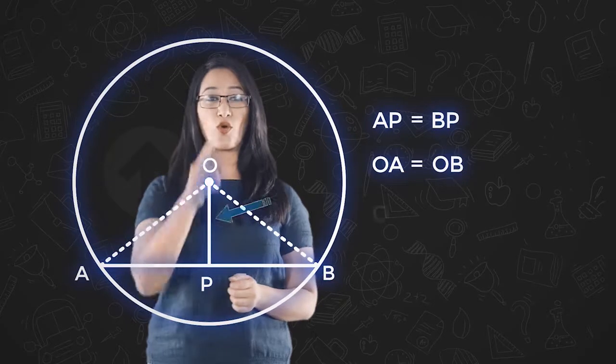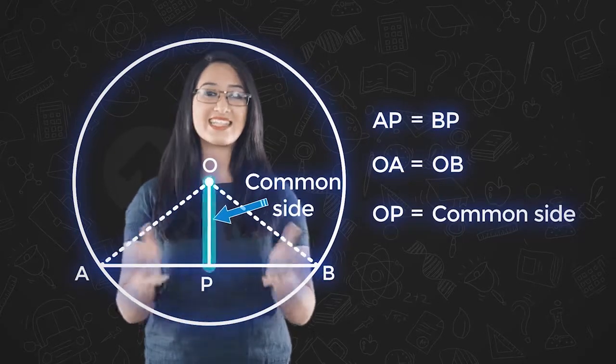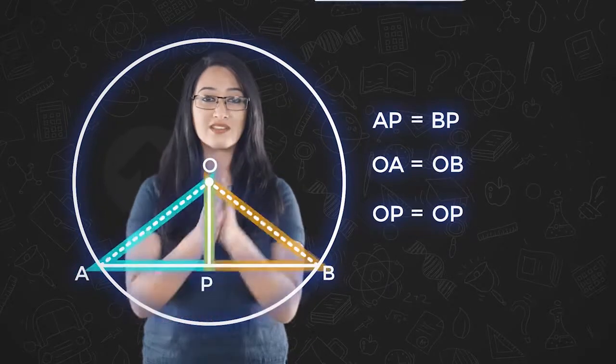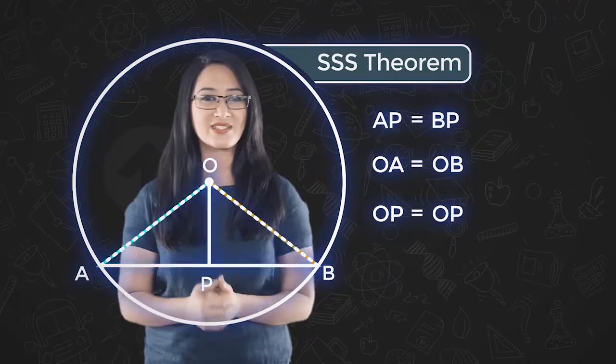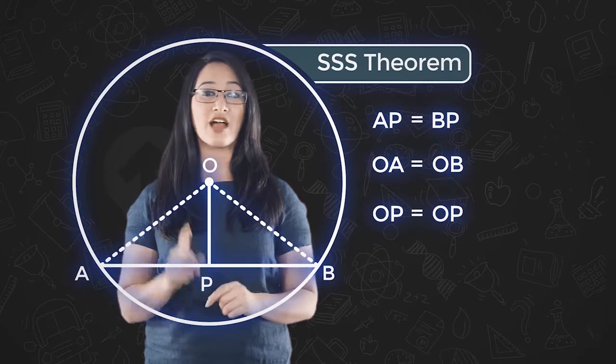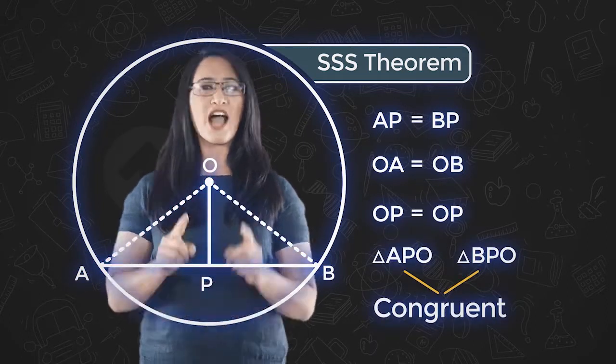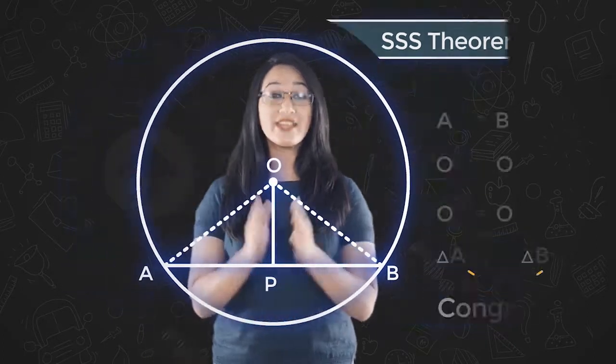And since the line OP is the common side, it is equal too. So with three equal sides, this follows the side-side-side congruence theorem and proves that the triangles APO and BPO are congruent.